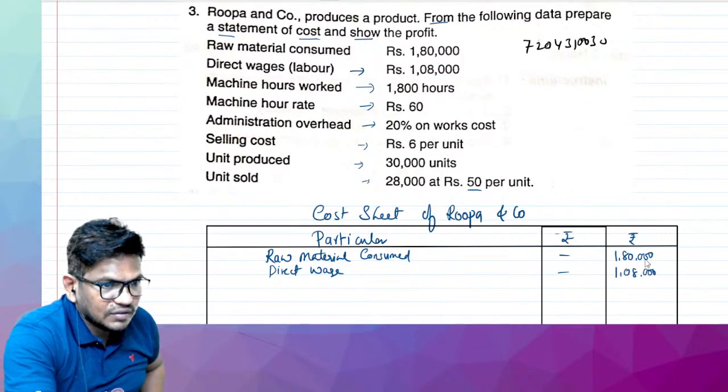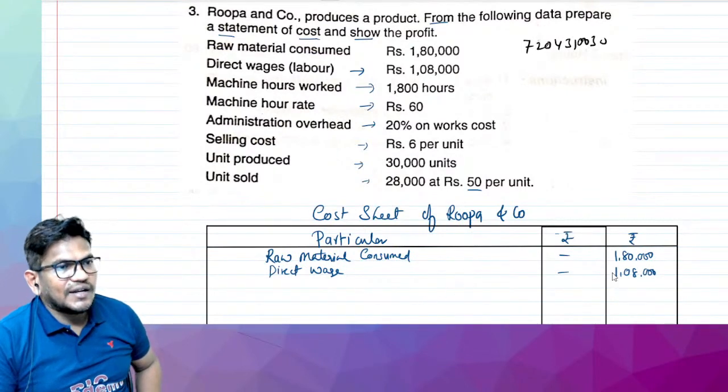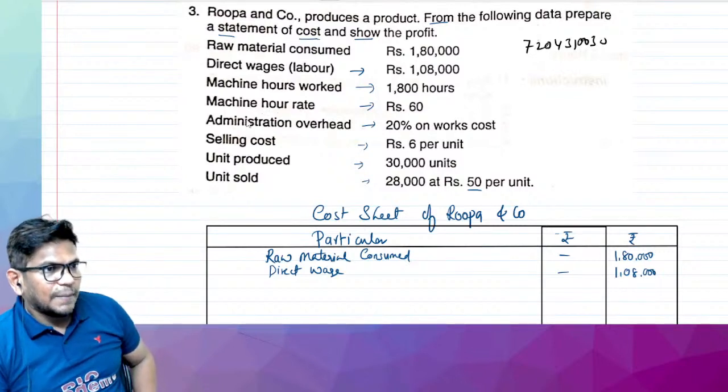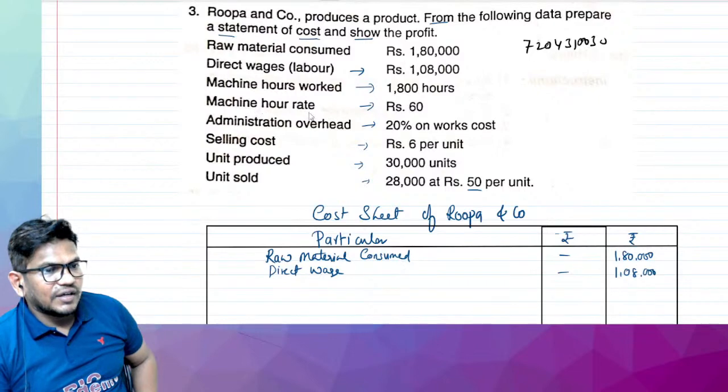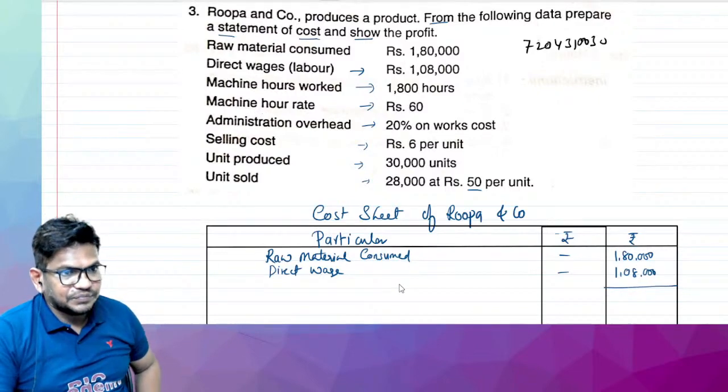Okay guys, I'll send that all. Machine hour work 1,800, okay. Now what we can do is first you add this.